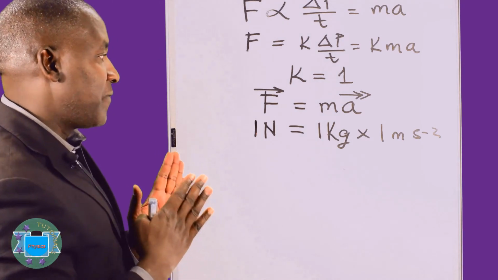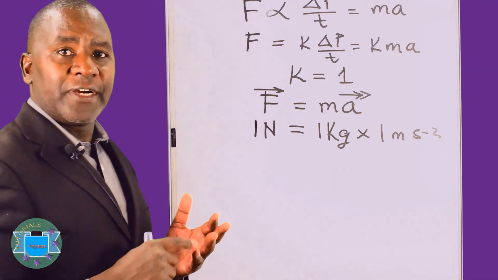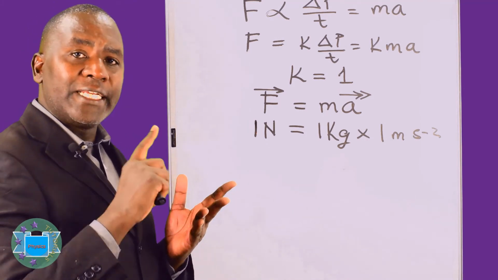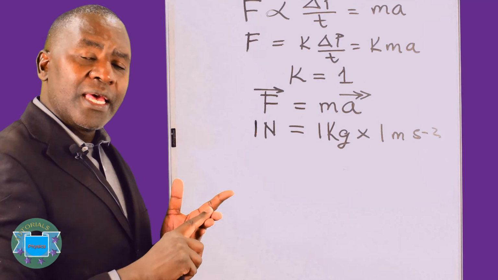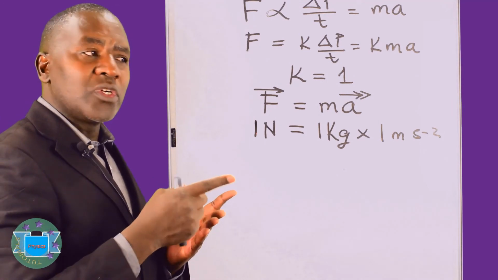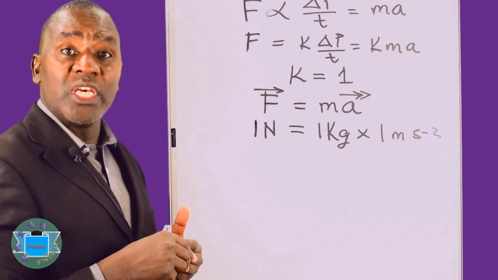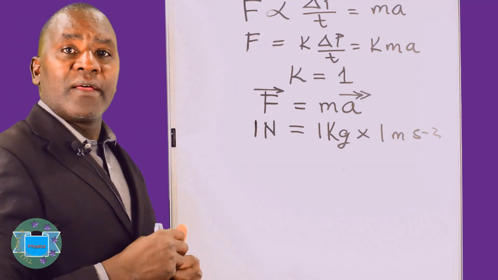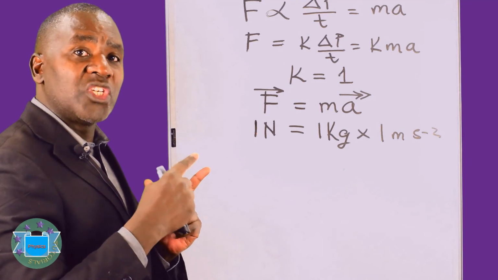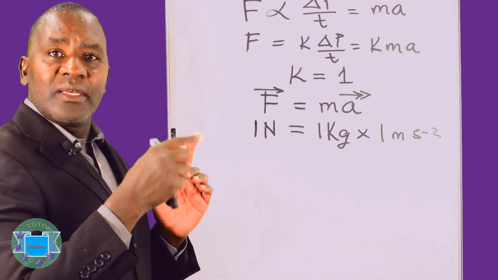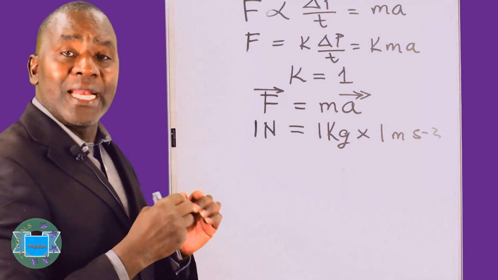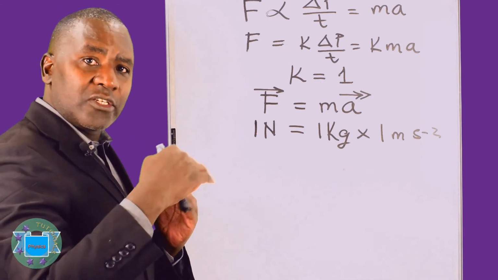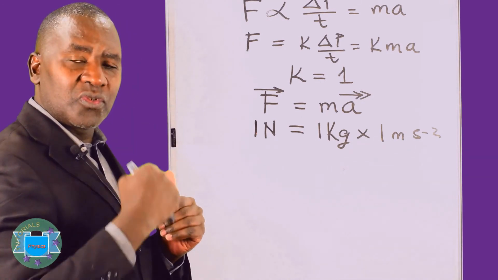So let's put a few things together. We have defined momentum, seen how momentum can be calculated. We have calculated change in momentum, and then we have asked ourselves, what makes the momentum of an object change? In getting that which causes the momentum of an object to change, we looked at rate of change of momentum and adapted Newton's second law, which relates rate of change of momentum and force.